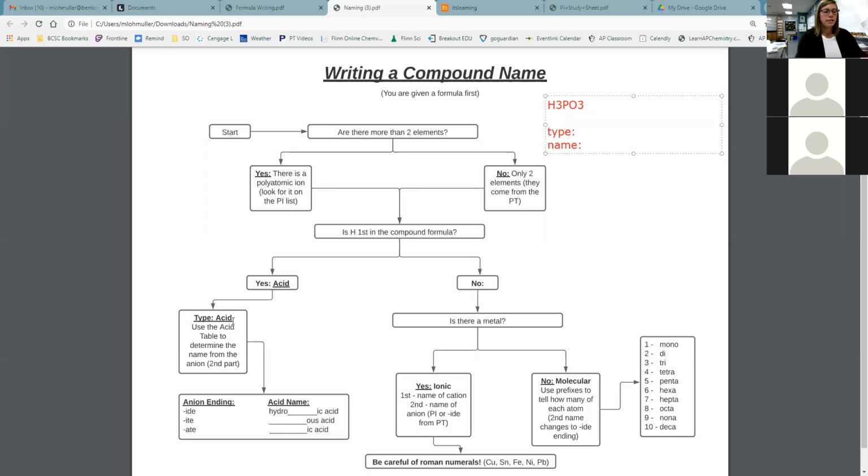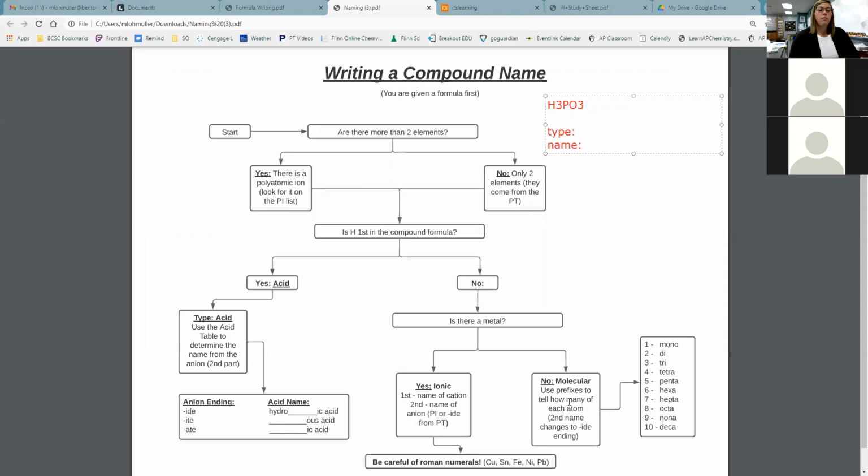So Jenna just asked, and I want to stop and just say this, you use the IDE ending when it is the second part and it doesn't have the polyatomic ion name. So if you have a polyatomic ion name like nitrate or sulfate or something like that, then you would just keep the name as is from that sheet, that list.